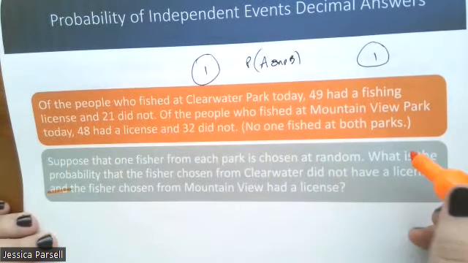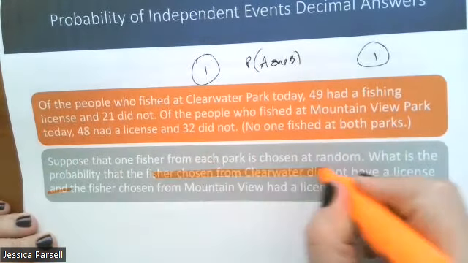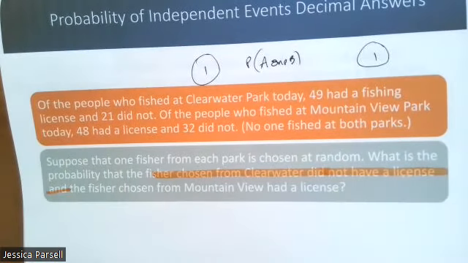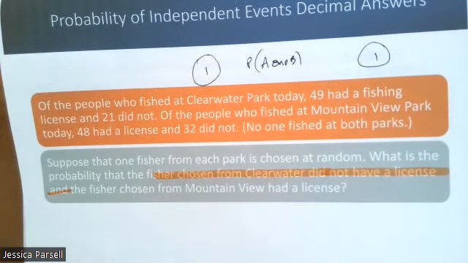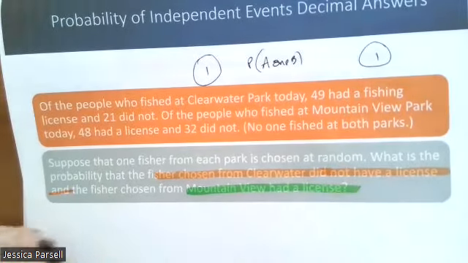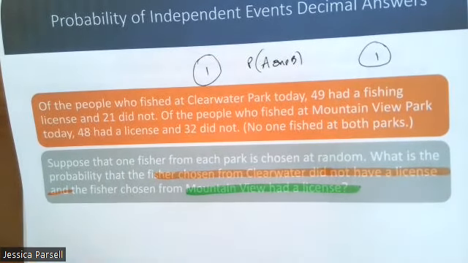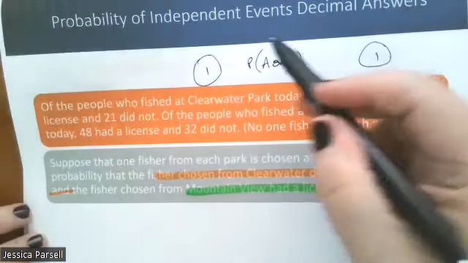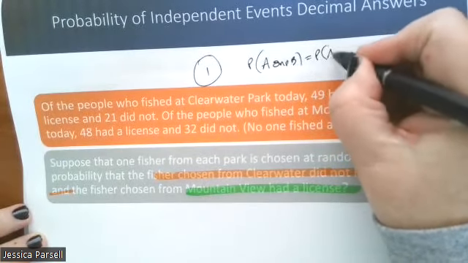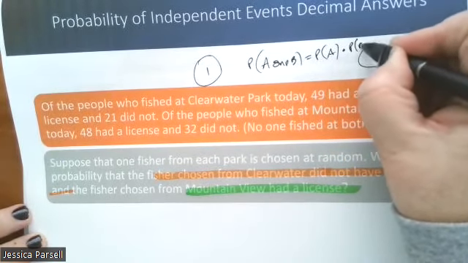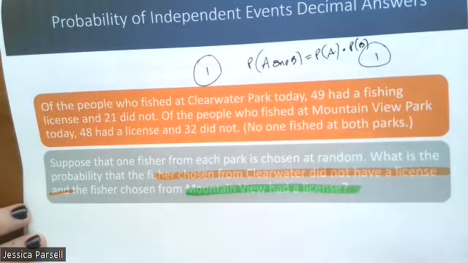That'd be event A. And the fisher chosen from Mountain View did have a license. So we know from that previous slide that with independent events, we can just multiply the probability of A times the probability of B to get the and.